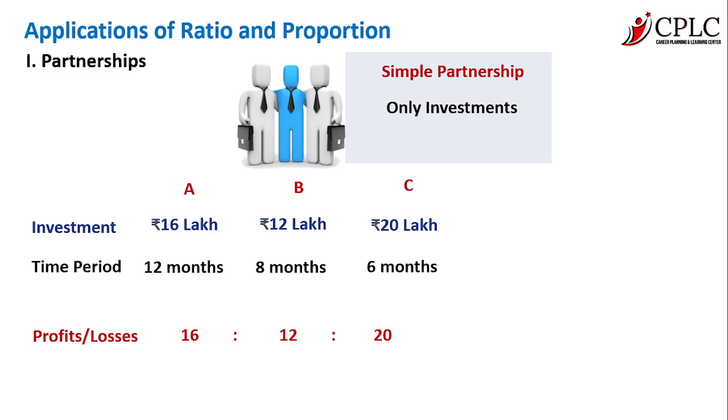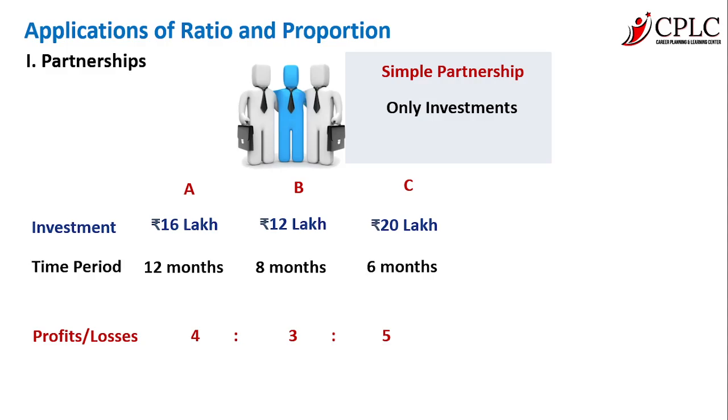If we take the ratio, these are the numbers. And in the previous class of ratio, we have also seen that the ratios are always supposed to be reduced to the lowest possible form. So these numbers, after further reduction, will obviously be divided by 4 each. So when you reduce them by 4, you get 4, 3, and 5.